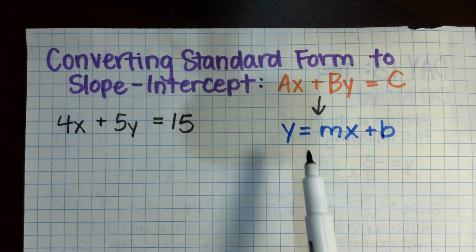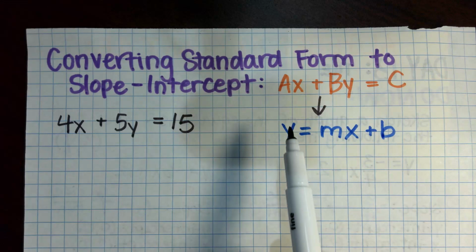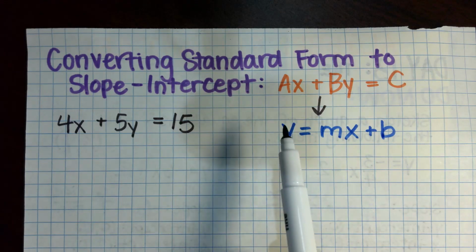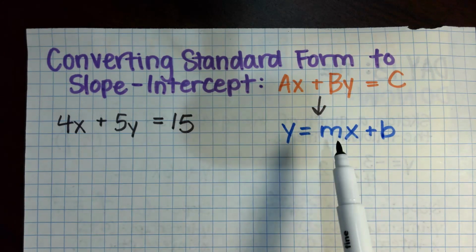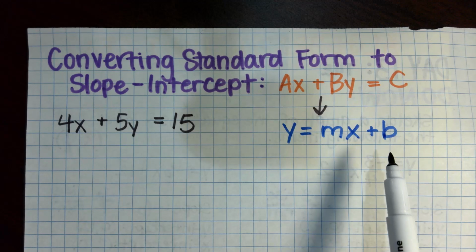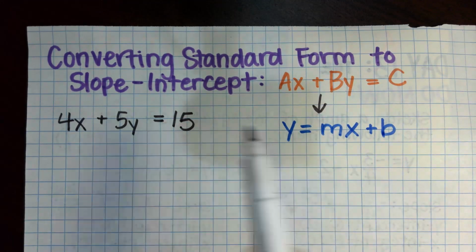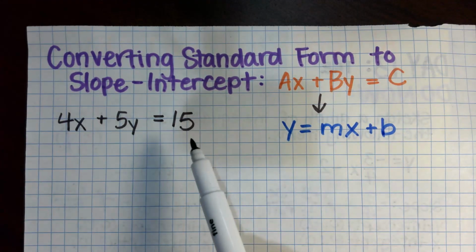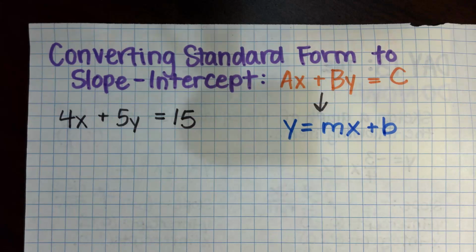For slope-intercept form, we want to have just y by itself, and then our x and our other number. So in order to do that, we need to rearrange this equation by moving some of these numbers and variables around. So I'm going to walk you through the process first, and then I'm going to have you guys join in and help me.